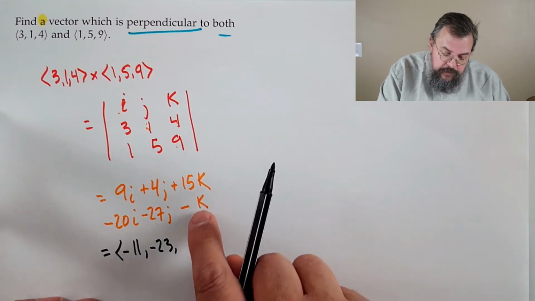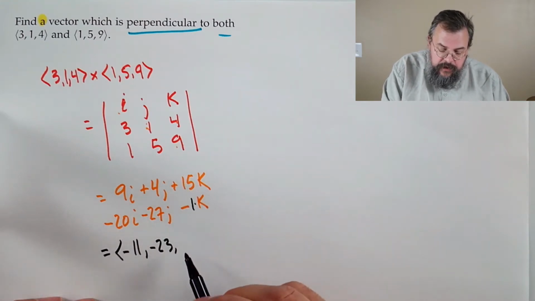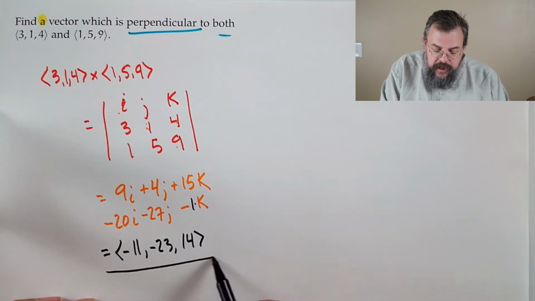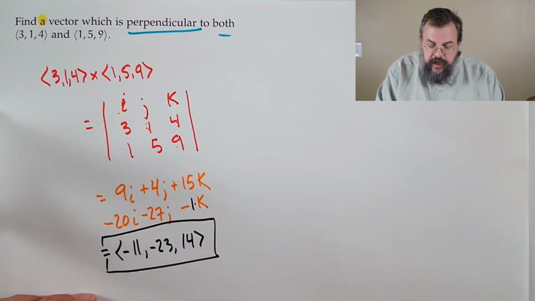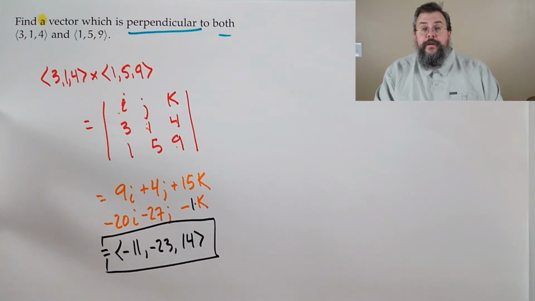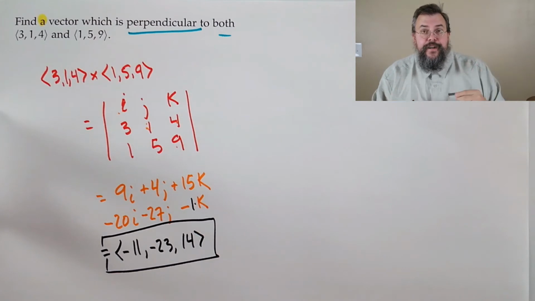See, if it's just minus k, it's like minus 1 times k. So 15 subtract 1, 14. And now we're done. We claim this is a vector. Well, it is a vector, and it has to be perpendicular to what we started with because that's the geometrical property of the cross product.